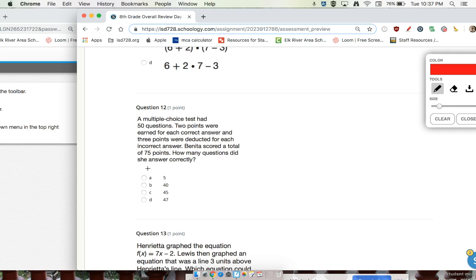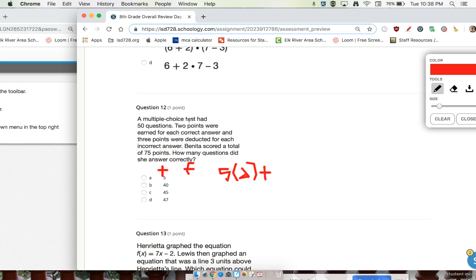So what I did, our strategy from this: what she answers correctly, let's call it true. We need true and false ones. So I'm going to call this her right one, so true, and then identify what she had wrong. So if she had 5 right, it meant that she had 45 wrong. So I would go 5 times 2 for each correct answer. And then I would go parenthesis plus, and then it would be a negative, right?